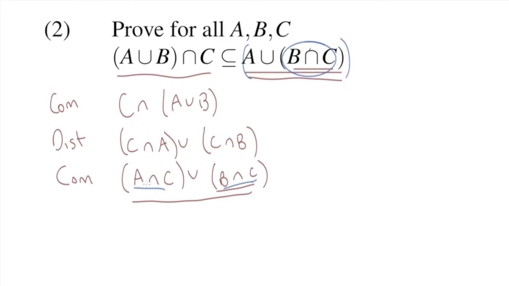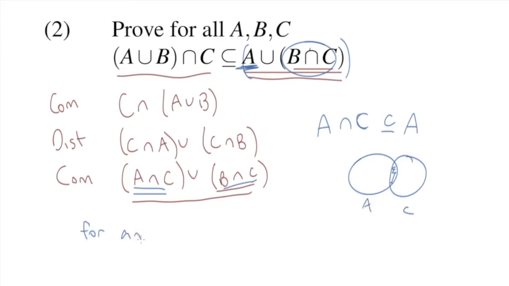The other option is if we're in A intersects C. Then we're also in A, because A intersects C is a subset of A. Any intersection is a subset of both sets. So the intersection of A and C is a subset of A, and it's also a subset of C.